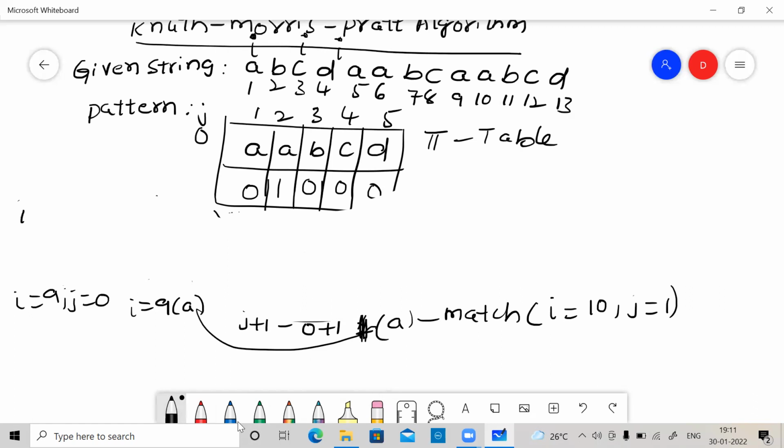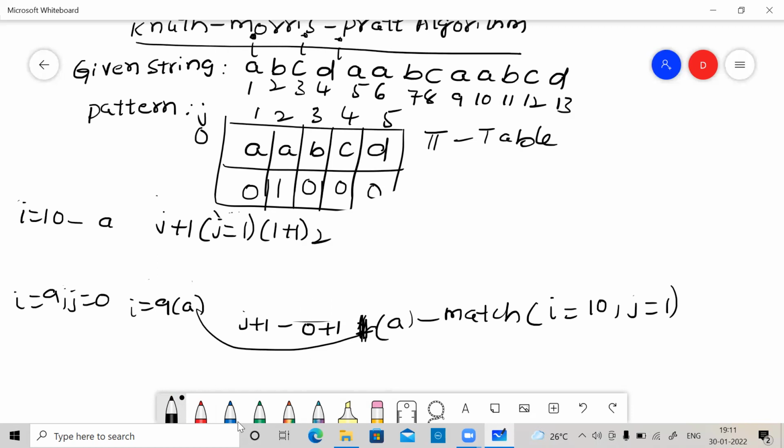Now I is equal to 10. What is the value you are having at I is equal to 10? A. At J plus 1, what is the value of J? J is equal to 1. So J plus 1 is 1 plus 1, which is 2.